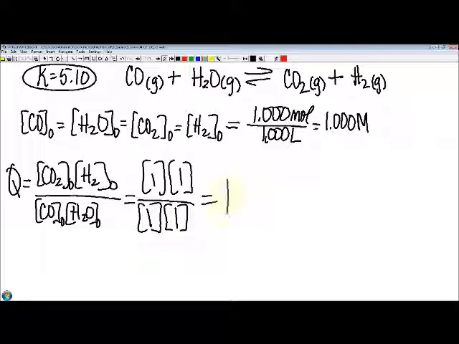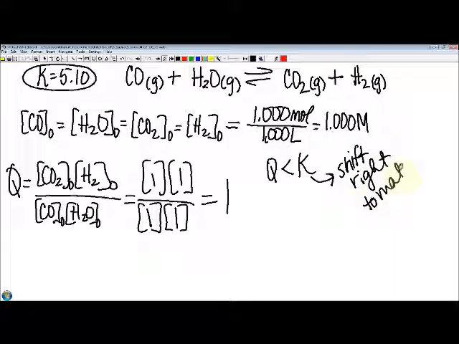Comparing our Q to our K, Q is less than K, so that means we will have to shift to the right to make more products. This is going to be important in our ICE chart. We have to know which way we're shifting so that we know where we're adding and subtracting on the change line.